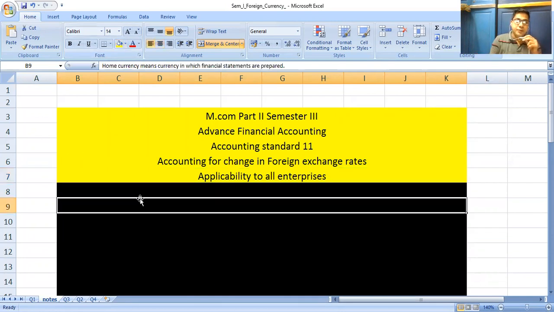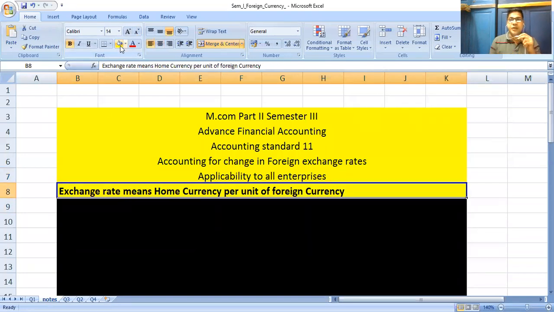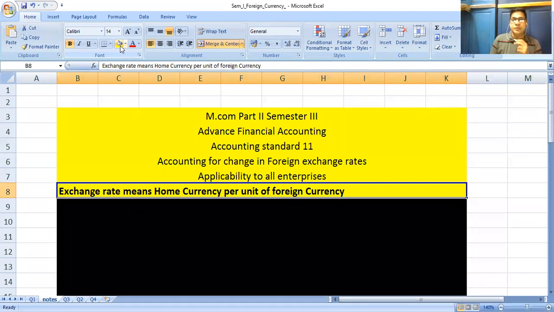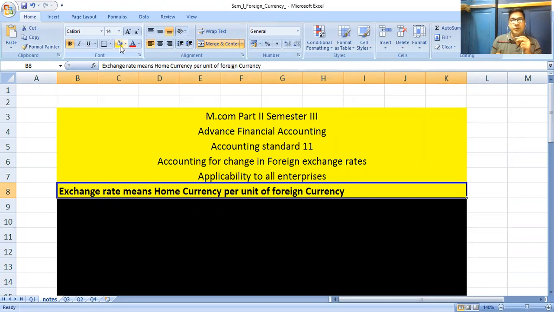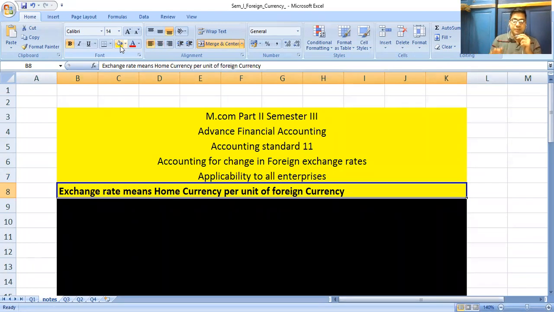Now, whenever we talk about the exchange rate, what do you mean by exchange rate? Exchange rate means the home currency per unit of foreign currency. I already explained one example.